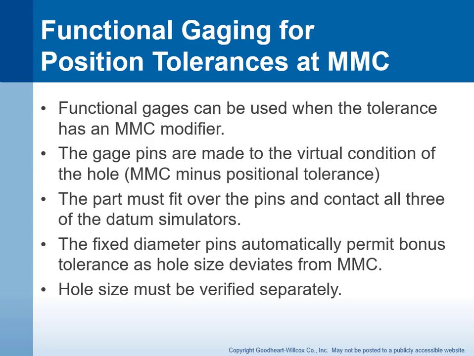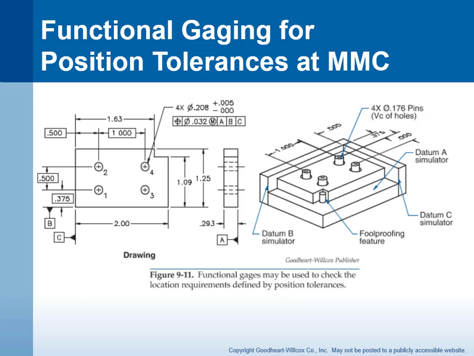Let's look at this cartoon now. We have a feature control frame here. We have three datums, the back surface A, datum B is the larger of the two second surfaces, and then datum C is the smallest for the tertiary surface. Here is our functional gauge to check this. Okay, so we have the 4 by 208 plus 5 minus nothing.